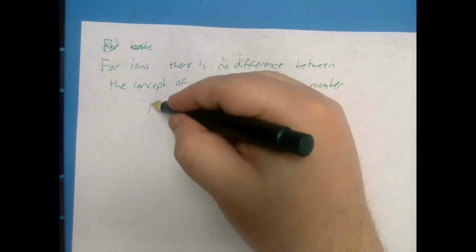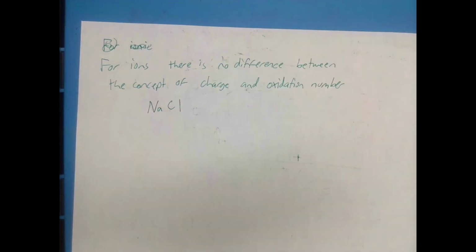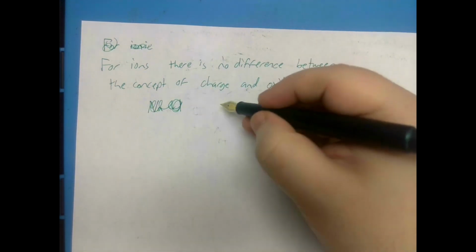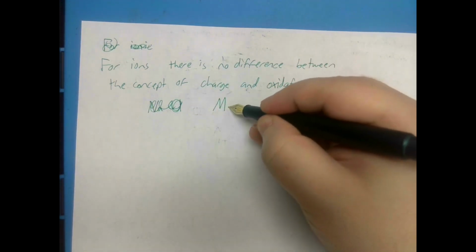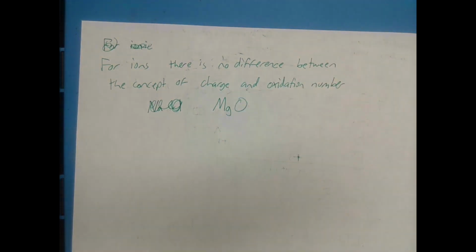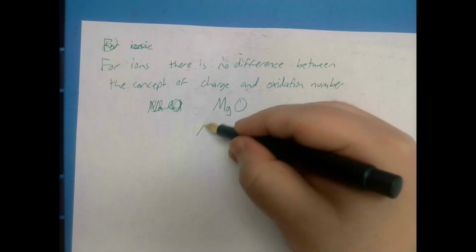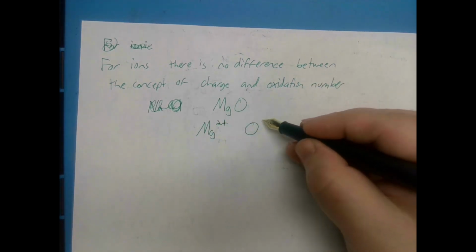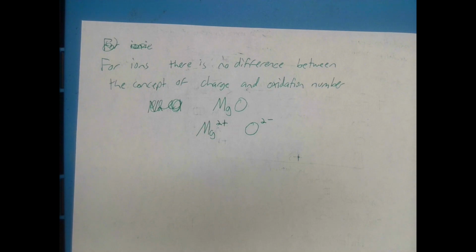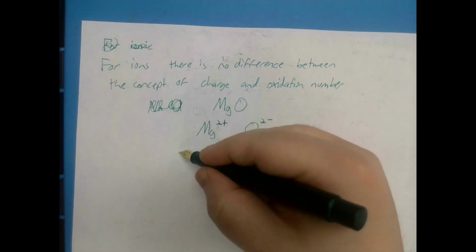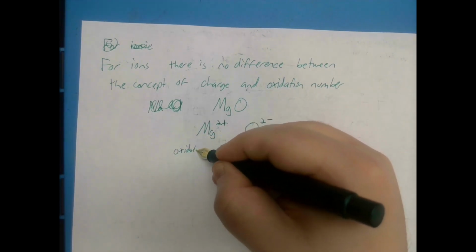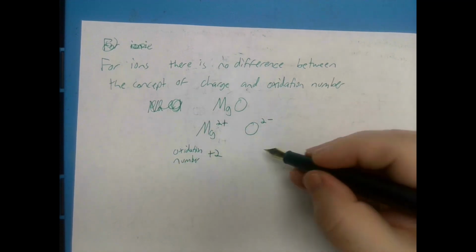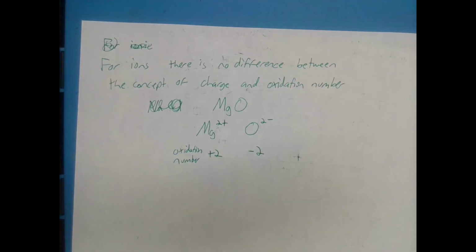So looking at NaCl, actually let me choose magnesium oxide. Magnesium has a charge of 2+. Oxygen has a charge of 2-. And so the oxidation numbers are +2 and -2.